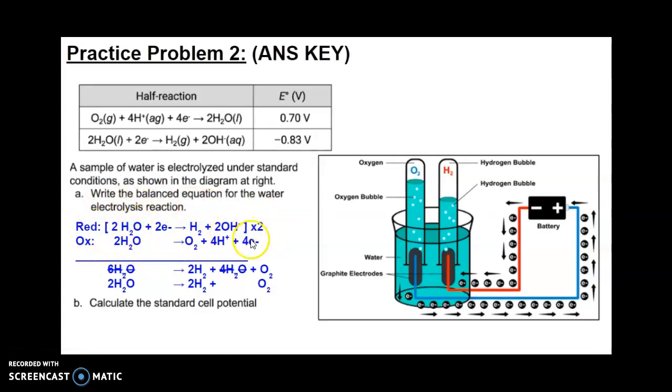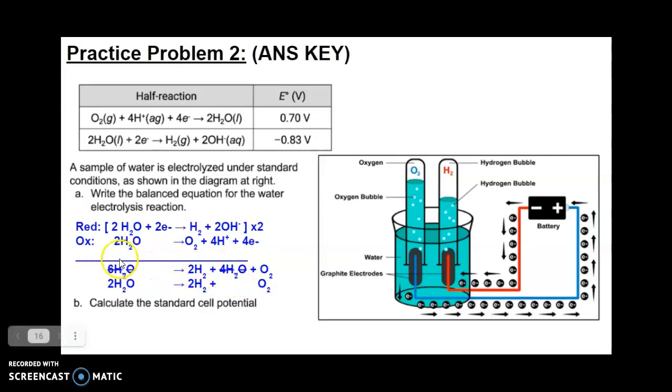Then we're going to sum everything to get our net ionic equation. Now, when we take hydroxides and hydrogen ions and add those together, that's going to give us water. Remember, we multiplied this by 2, so it's technically 4 hydroxides and 4 hydrogens. So when we bring that down and sum it, we have 4 H2Os.